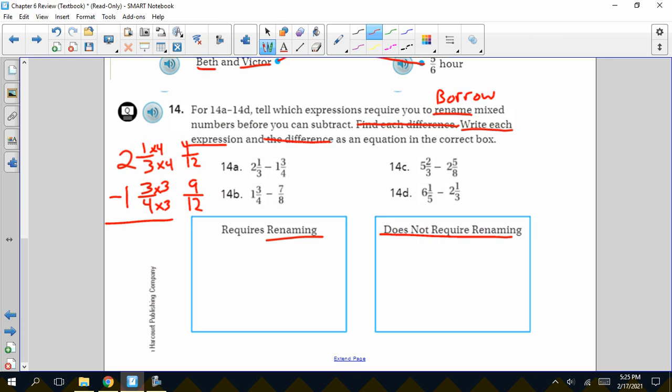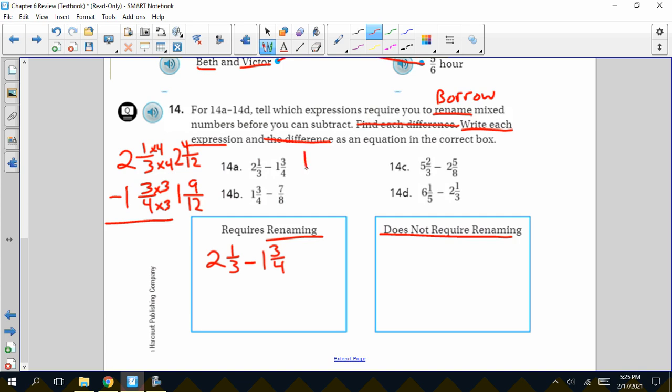If I look at this here, even before I subtract my whole numbers, I can see that 4/12 minus 9/12 is not going to work out, and we're going to have to borrow. So we're going to put that in the renaming category. We are going to have to rename this mixed number in order to subtract. So we're going to write 2 1/3 minus 1 3/4. On your test tomorrow, you will just have to grab the box there and drag it into this renaming box here.